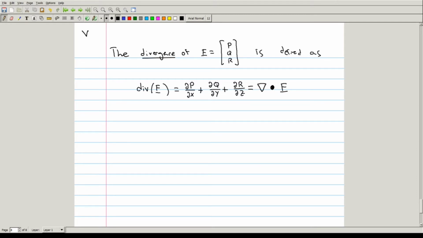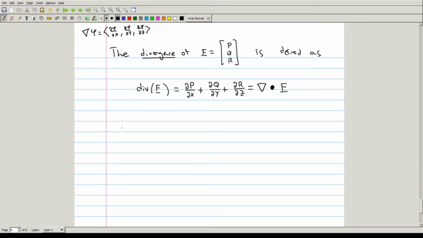Recall that the gradient of a scalar field phi is a row vector of partial derivatives, d phi dx, d phi dy, d phi dz.